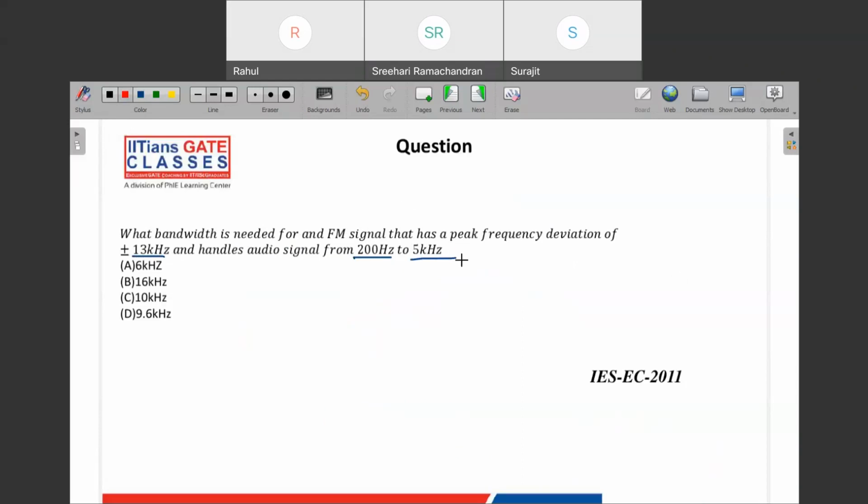If you see this problem, the frequency deviation is given as 13 kilohertz. And the audio signal is the message signal, this is the m(t) we are talking about. So m(t) has frequency ranging from 200 hertz to 5K.